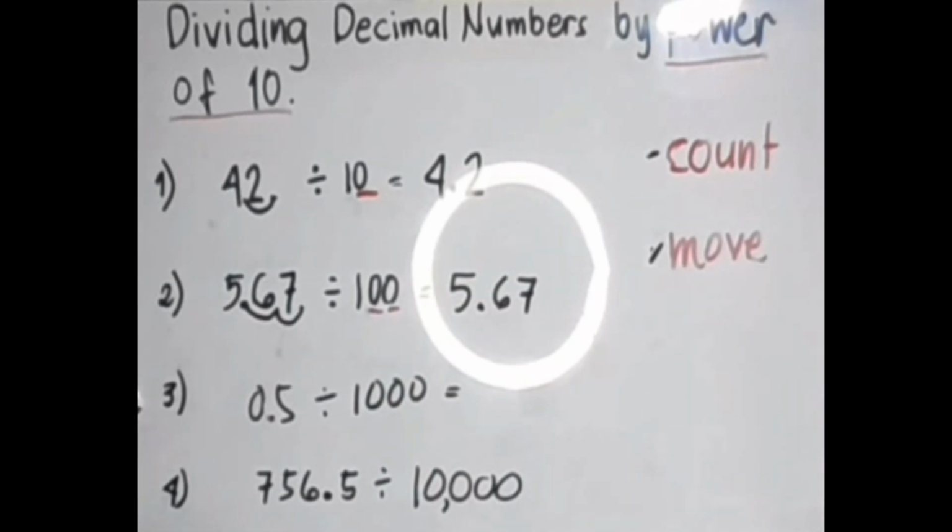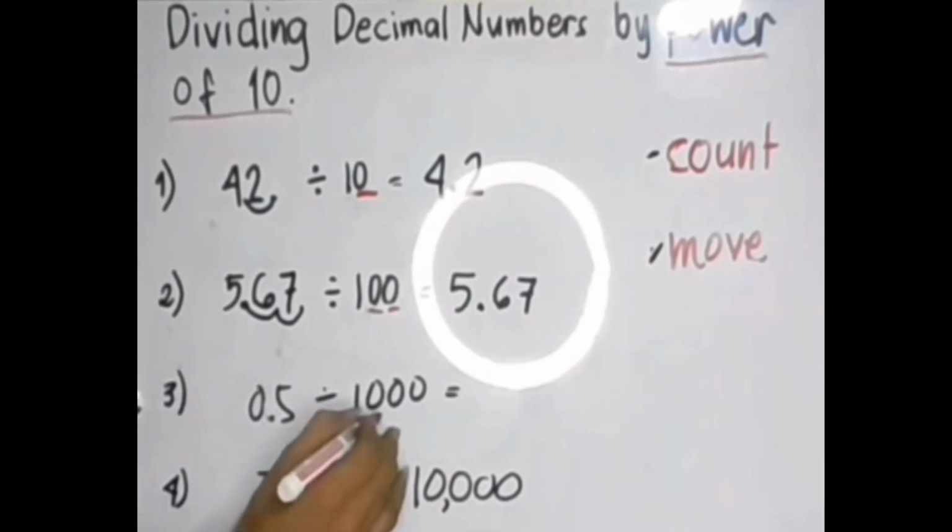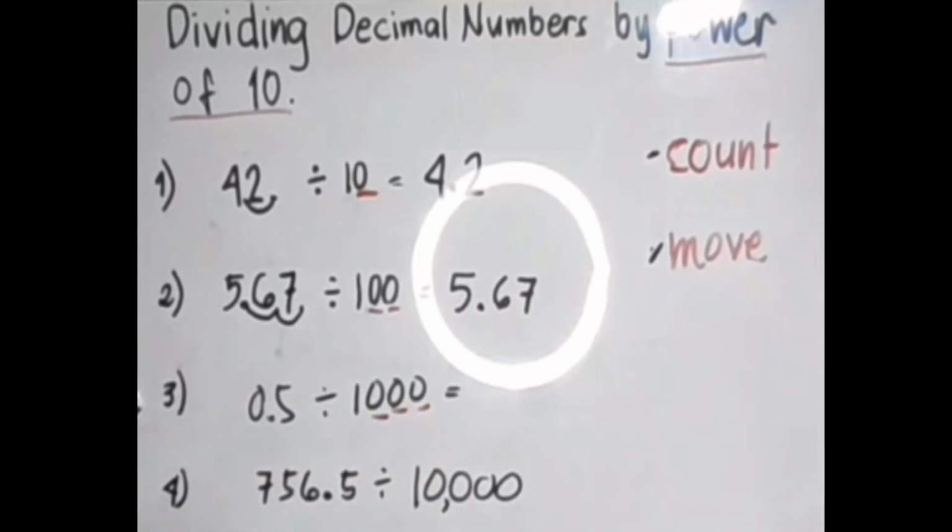Let us go now with number 3. We have 5 tenths divided by 1,000. So the first step is count. Bilangin natin kung ilan ang 0 sa ating divisor. 1, 2, 3. So tatlo ang 0 natin sa ating divisor. The next step is move. Ilang beses tayo mag-move? From right to left. Magmula sa kanan papuntang kaliwa.